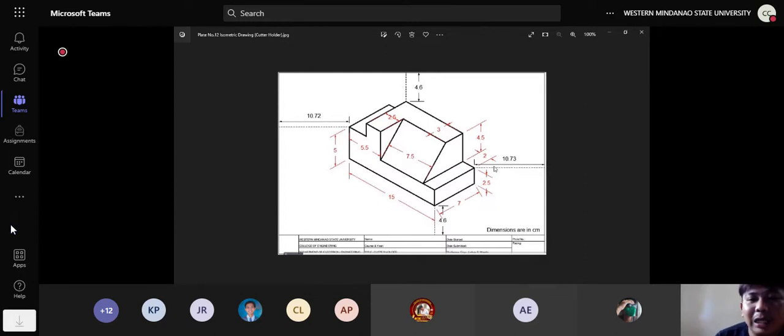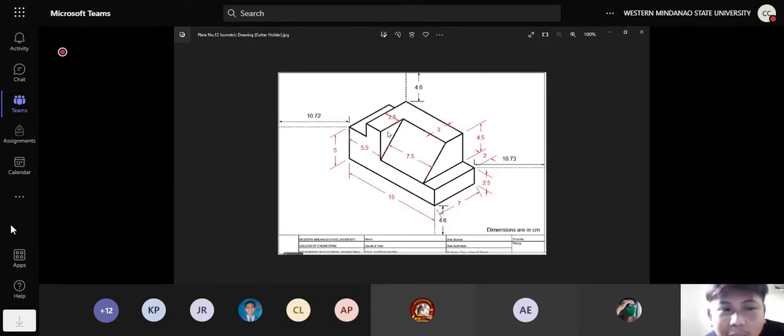Okay, so yan. Kung mapapansin natin, parang naka-center na din siya. So for your plate number 2, since wala pa tayo ditong isometric circles, these are just lines, so madali lang siya. For this one, you just need to use 0.5 mm technical pen para sa final output.